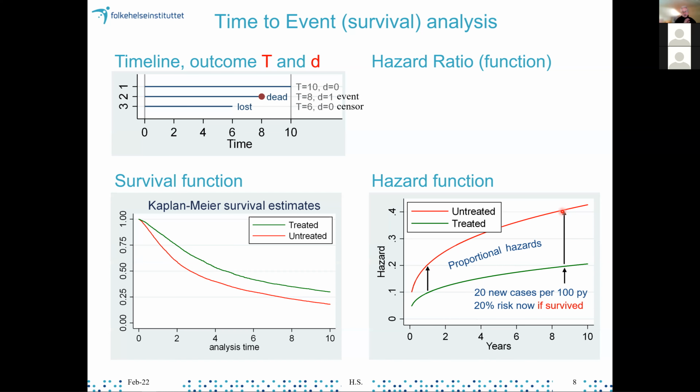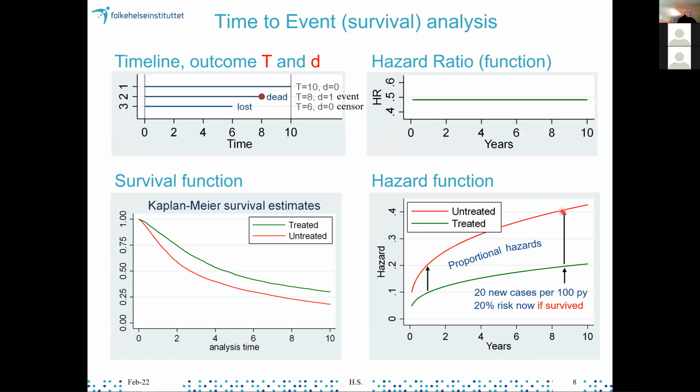So these two hazards have a fixed proportion between them. And as a result of that, the hazard ratio will be a constant, close to 0.5 in this case, doesn't change with time. In general, however, if we are not assuming proportional hazards, then the hazard ratio will be a function of time.